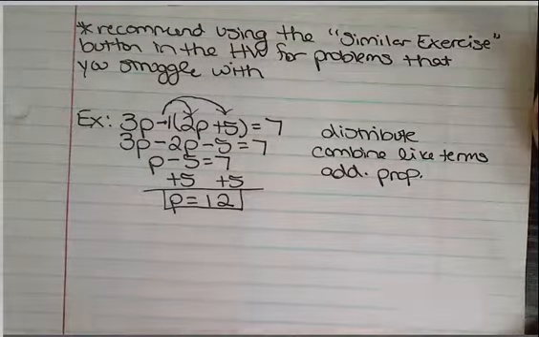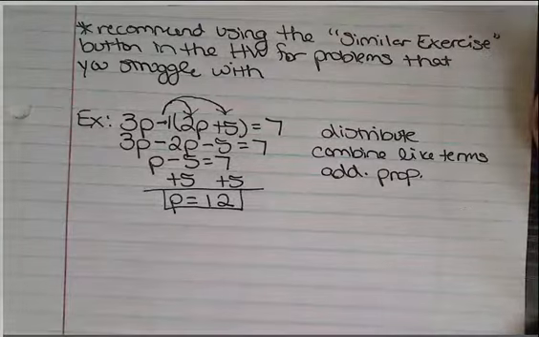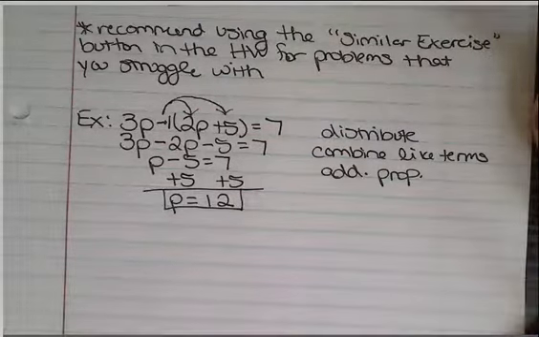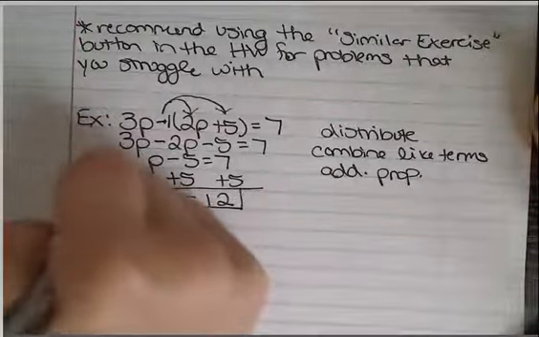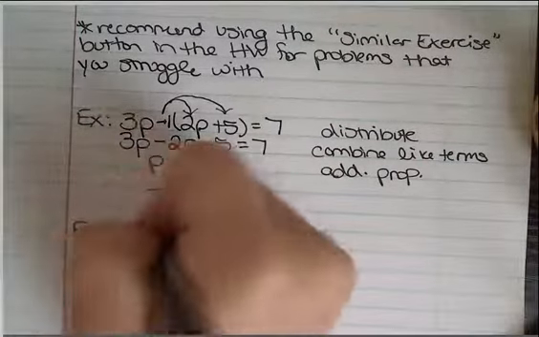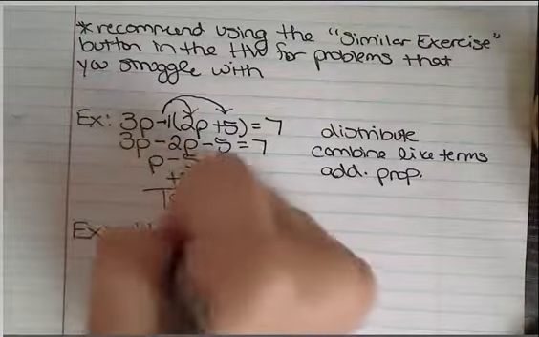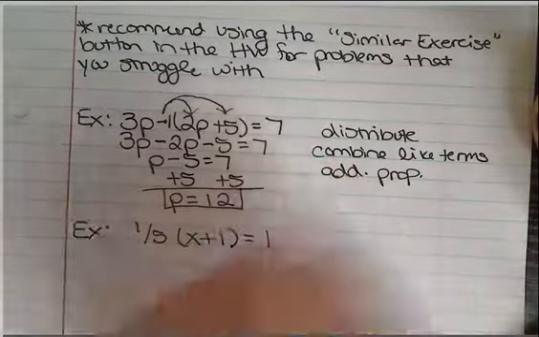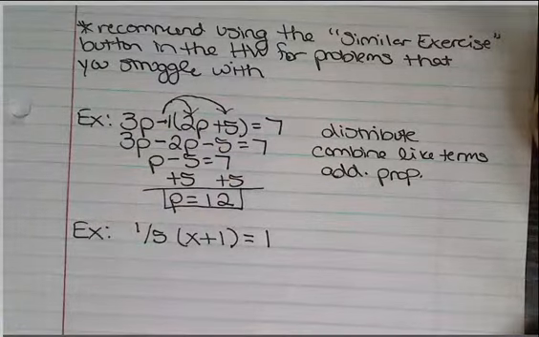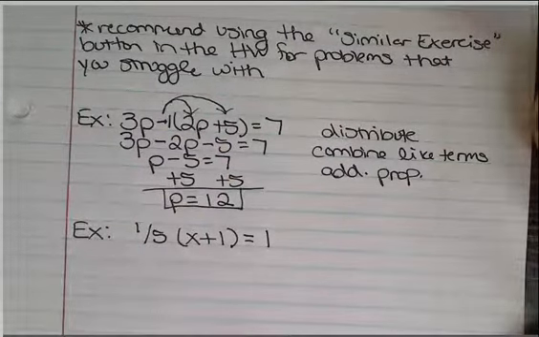Alright, let's do another one. We'll do 1/5 x plus 1 equals 1. Okay, step 1 says if we have a fraction, then we're going to multiply both sides by the least common denominator. So we do have one fraction, which is a 5.